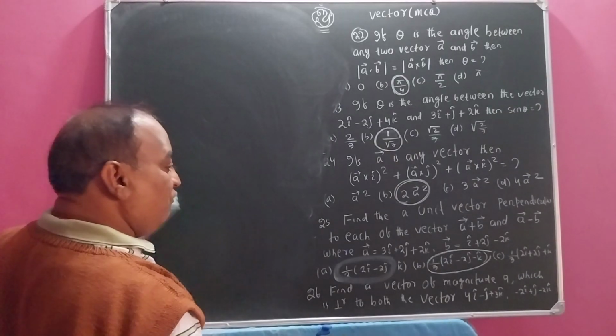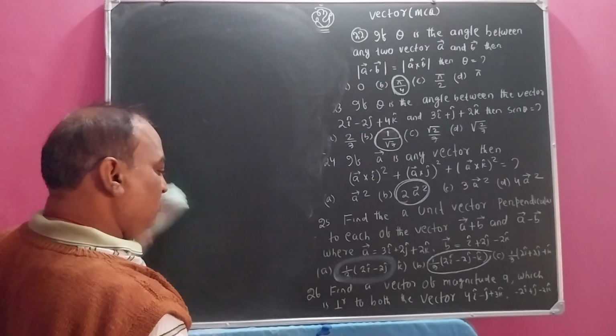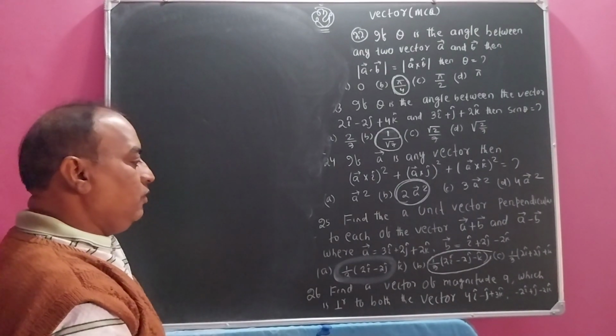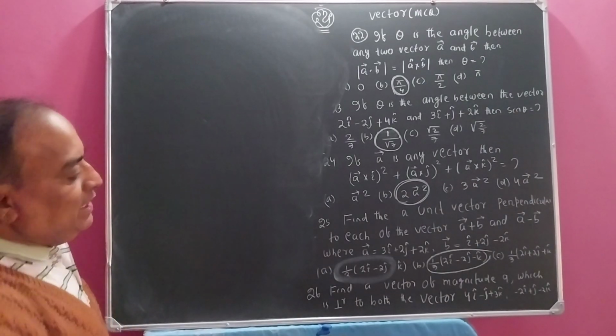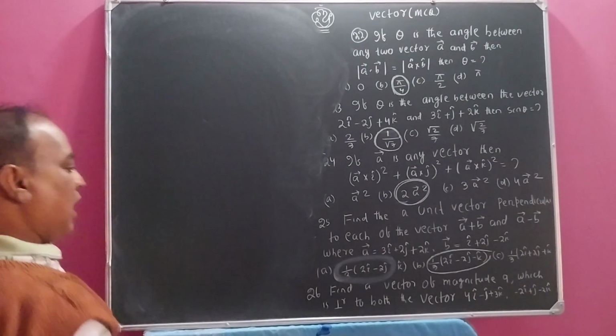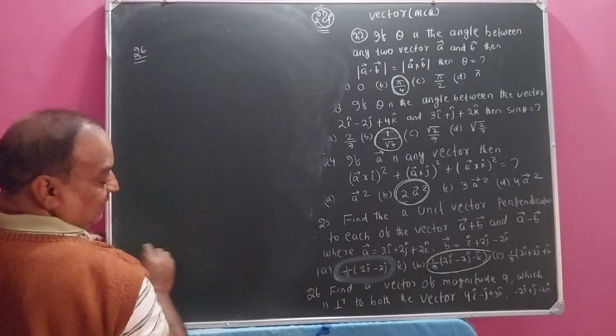Find a vector of magnitude 9 which is perpendicular to both the vector 4i cap minus j cap plus 3k cap. Okay. So now, 26.